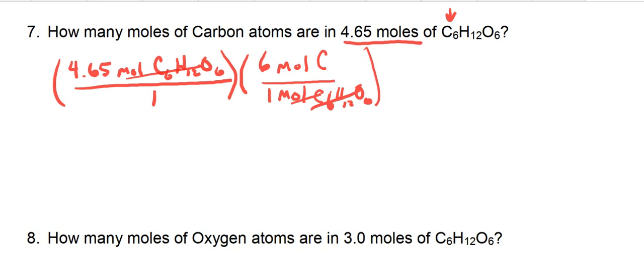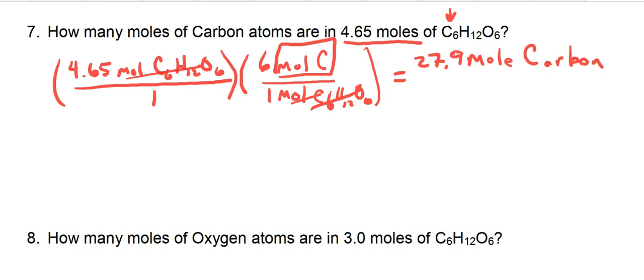That leaves us 4.65 times 6, which equals 27.9 moles, because those are the only units that are left, moles of carbon. And that's how you solve for moles per compound.